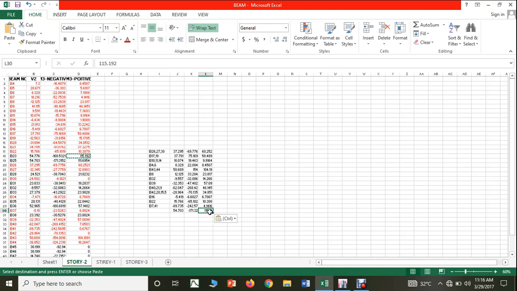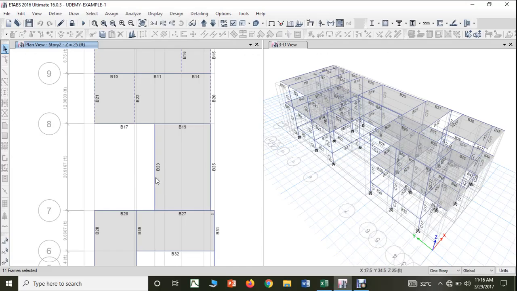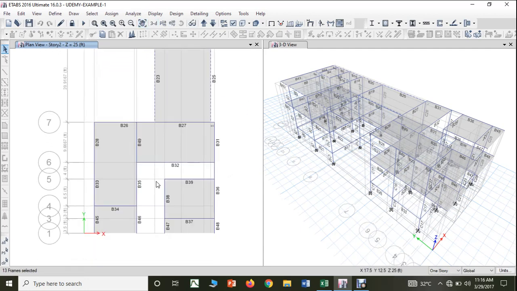So beam 23, 25, beam 23 and 25, these two.